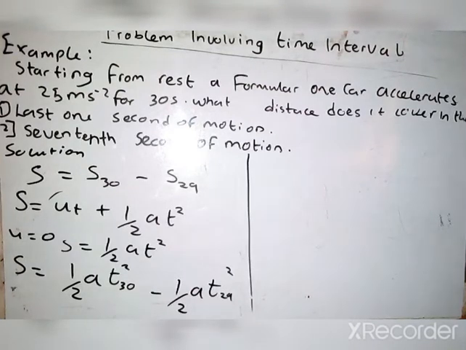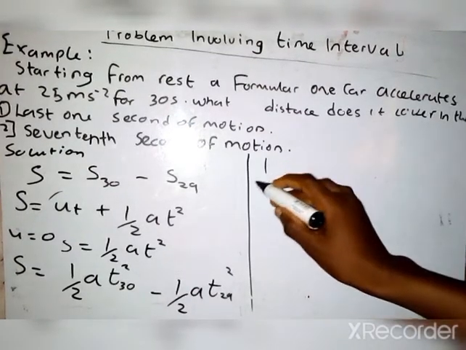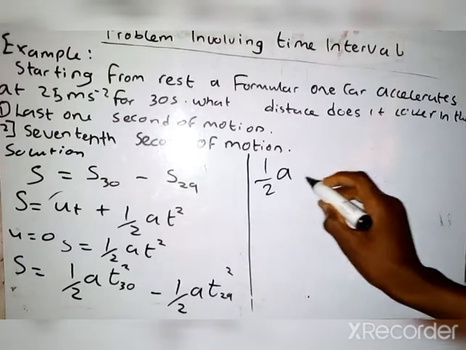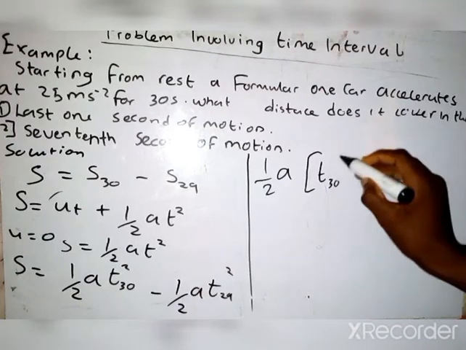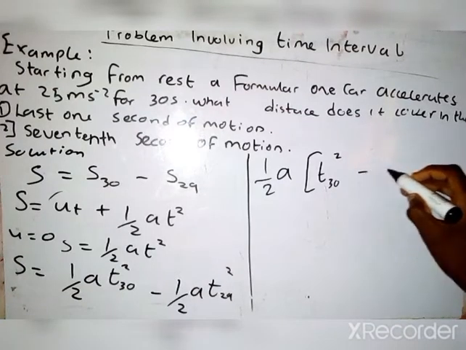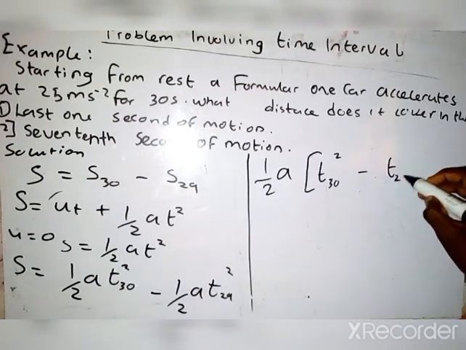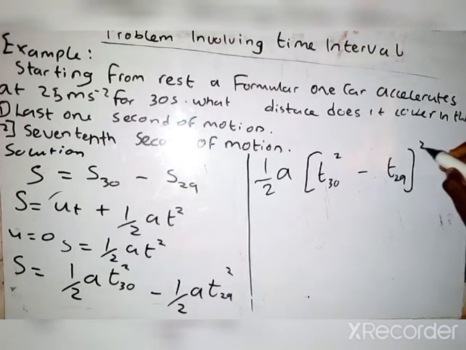What is common there? Our 1/2 A is common, right? Now bring out T30, time for 30 seconds square, minus T29 square.